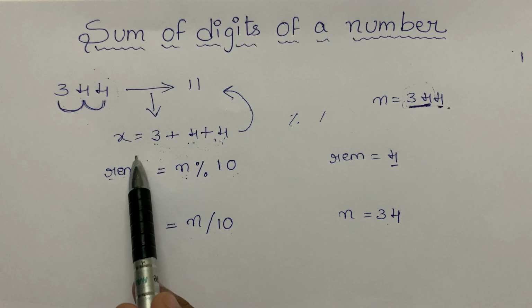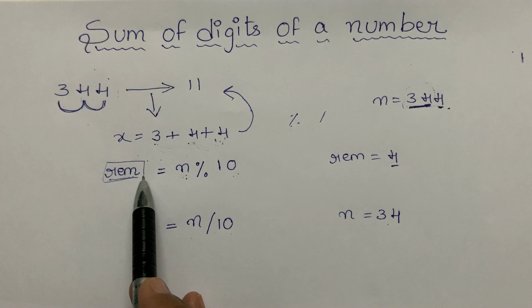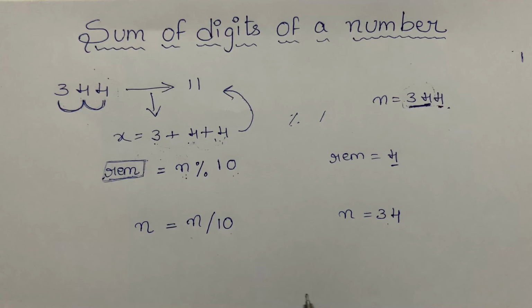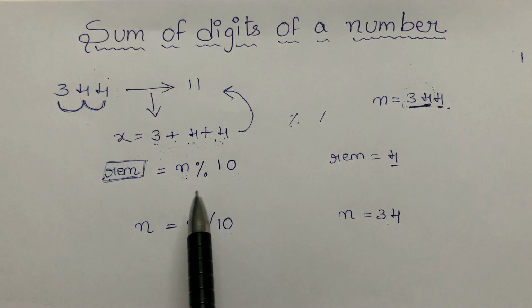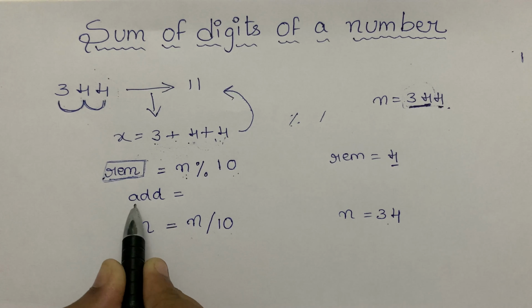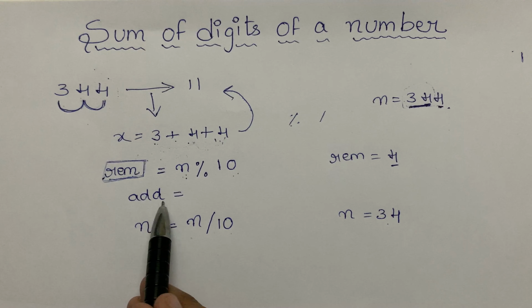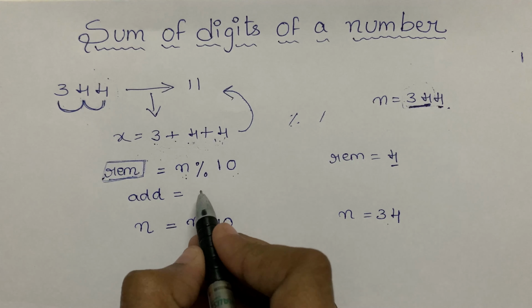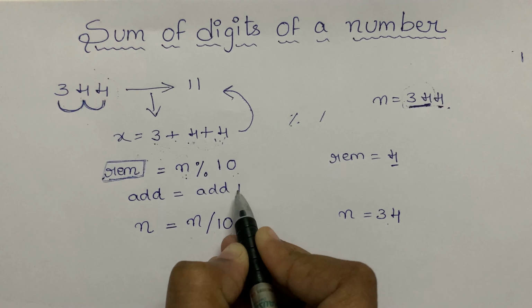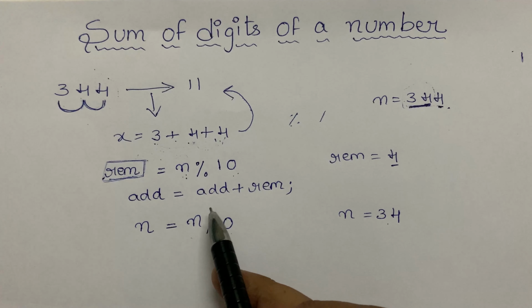But before storing that value in REM, we should preserve the previous REM value in some variable in order to add. As we are performing addition, I am taking a variable called add, or sum, your wish. Here I am taking the variable name add and adding the remainder to the add value.